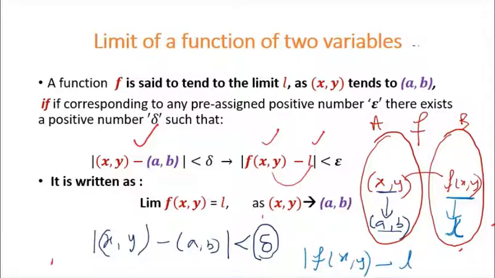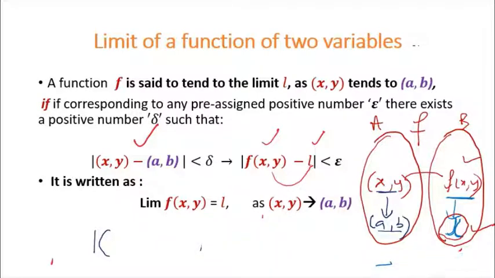So modulus of f of xy minus L is also less than epsilon, another least positive real number. That means f of xy is reaching L. Then you call this L the limit of the function f of xy. I hope this explanation is clear.